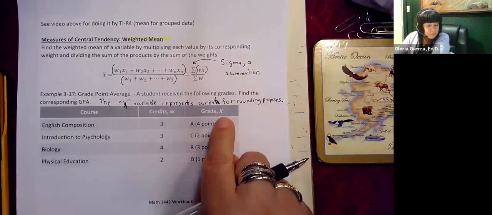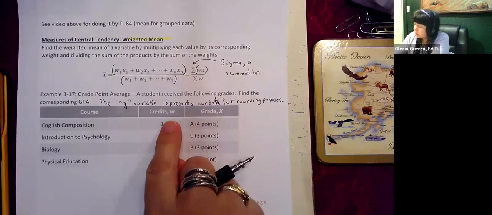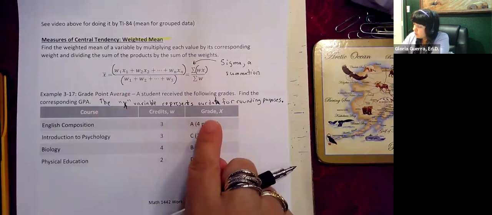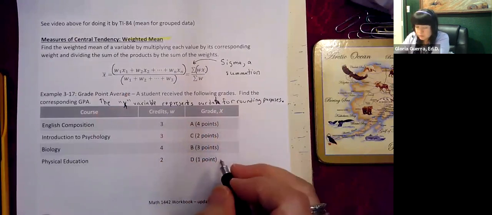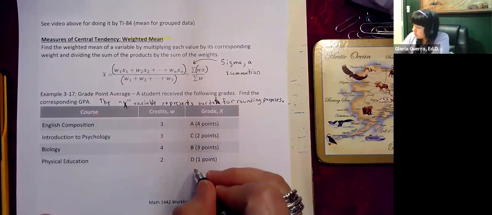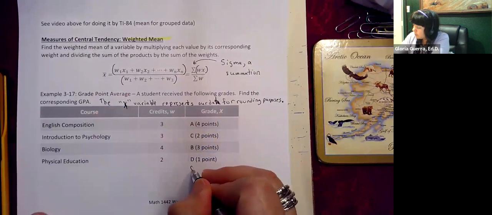So it's right here, this X. Here, the credits are called W, the grade is called X. So the X represents our data for rounding purposes. Okay, so you'll notice that your X is listed as counting numbers. So I'll put X counting numbers.